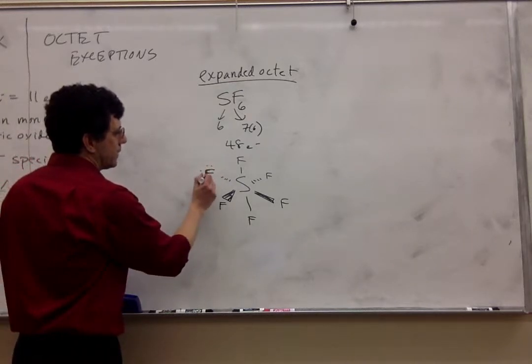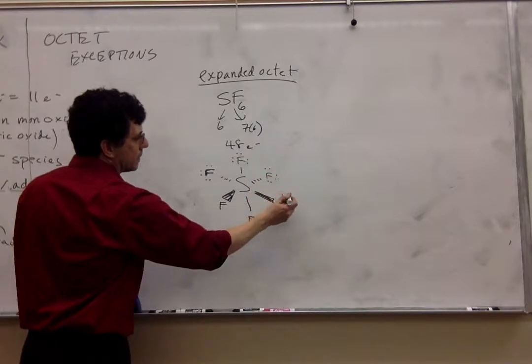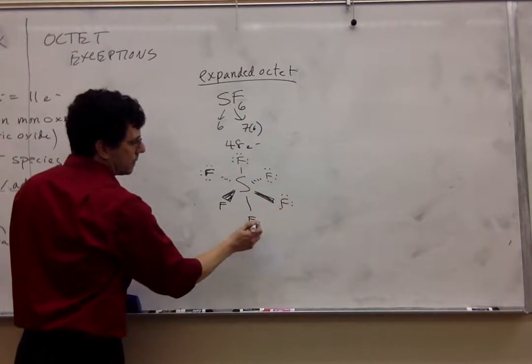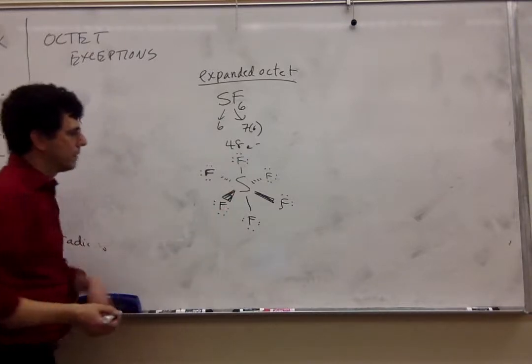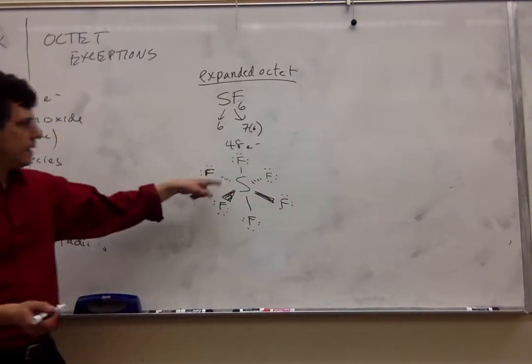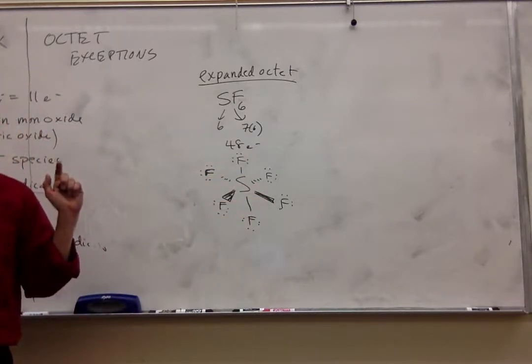Pop in our lone electrons. And there we go. We have 8, 8, 8, 8, 8, 8, and 8, 48 electrons all showing.